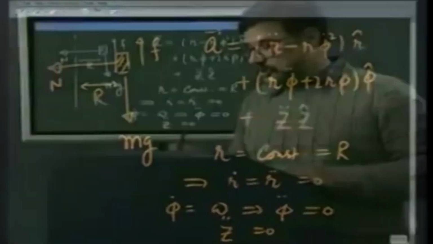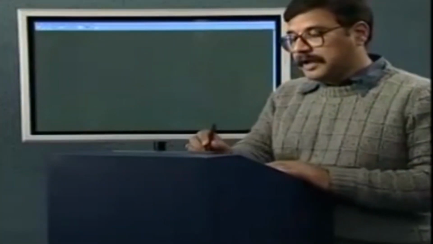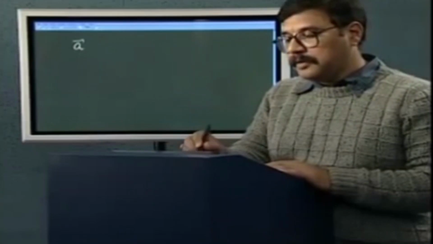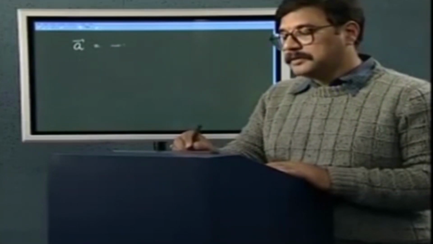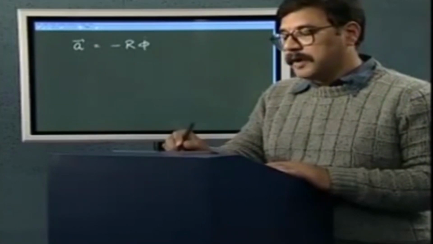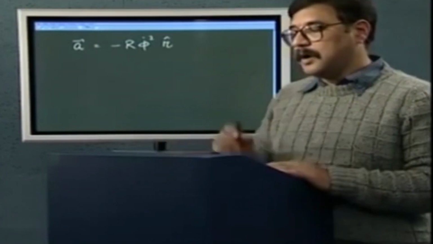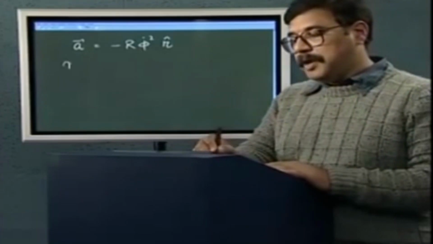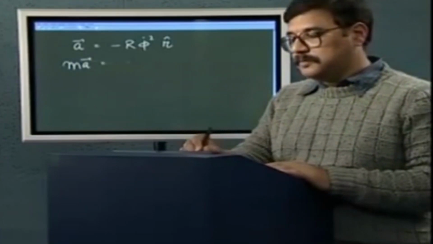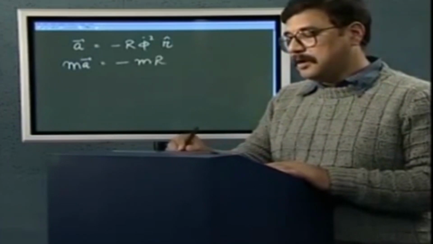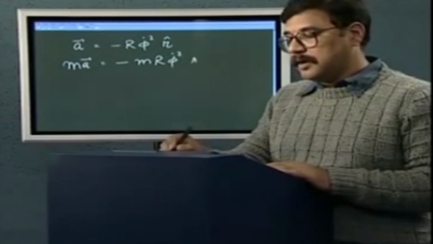Therefore, the acceleration of the mass is given as A equals minus r phi dot square in the r direction. M A therefore is minus m r phi dot square in the r direction.